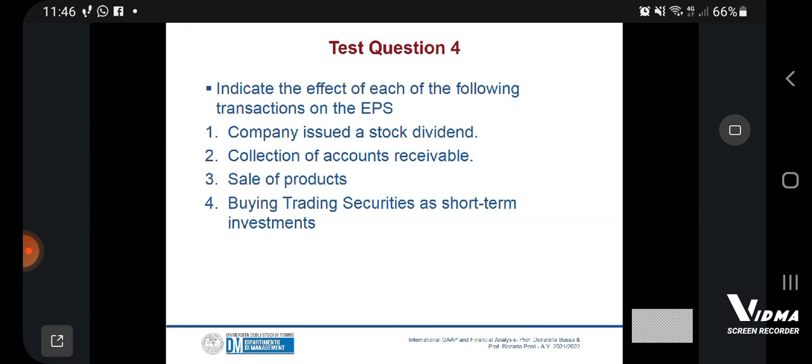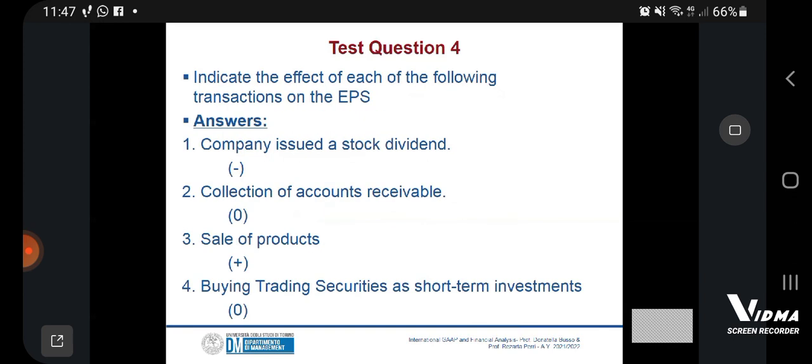So for the moment, it doesn't affect the earnings, it doesn't affect the number of shares, so the earnings per share will not be affected by all transactions. You see that it will be affected only by those events that change the earnings through revenue or expenditure, or change the number of shares. Good. Here are the answers for whatever we covered before.